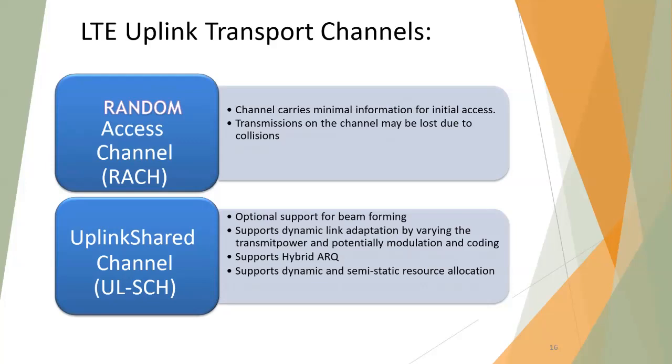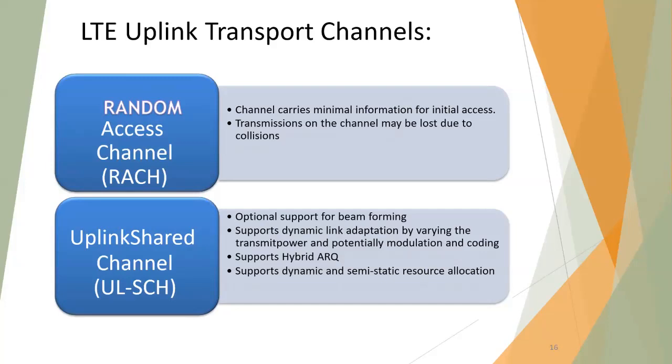One is the uplink shared channel, which is similar to the downlink shared channel, and another is the random access channel, that is RACH. This RACH carries a minimum of data for initial access. These are the two types of uplink transport channels in LTE.